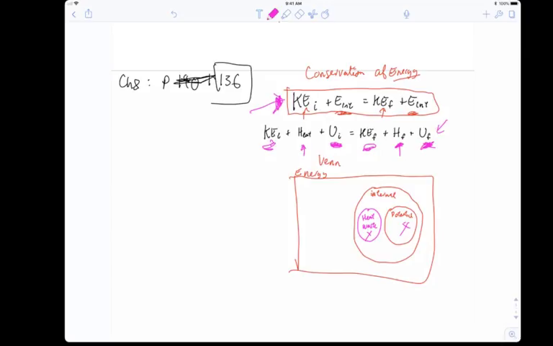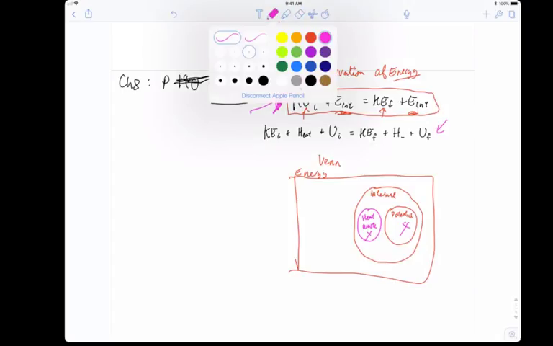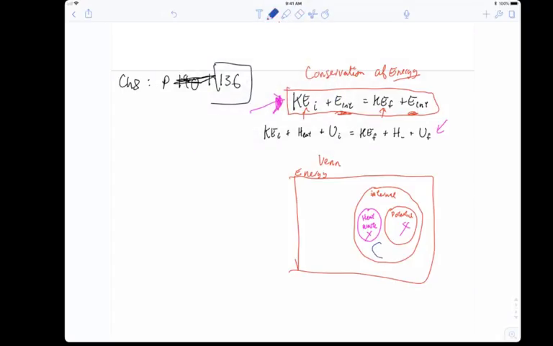There are even more complicated versions of this, because there's another type of internal energy, which I think the book calls source energy. For example, chemical potential energy, or you've got a battery, whatever.